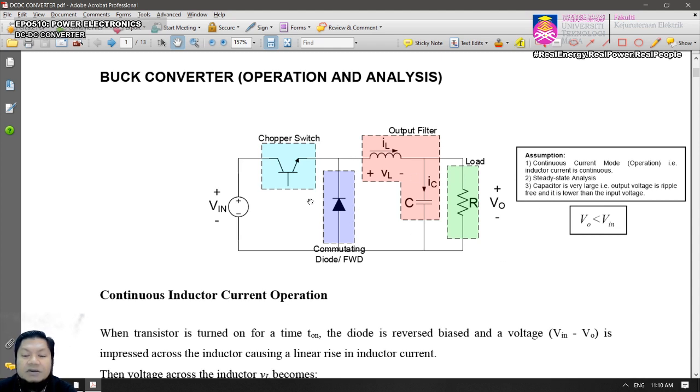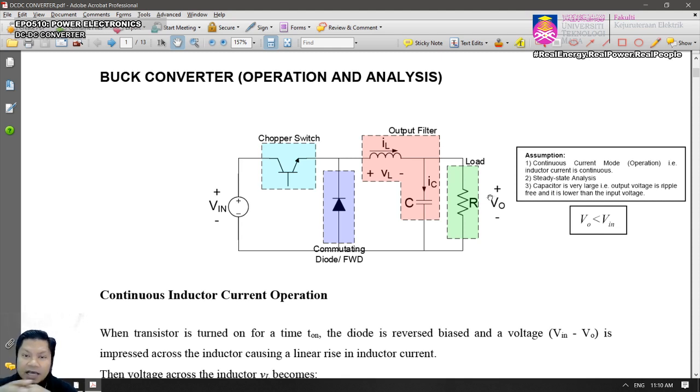Okay, so this is the circuit connection, and the sizes of L and C can be determined later on. I'm going to show you how to get L and C properly. First, right now we're going to look into the circuit operation, continuous inductor current operation, as we assumed just now. We only consider continuous inductor current operation because there will be a different equation for the output between continuous and discontinuous inductor current operation.